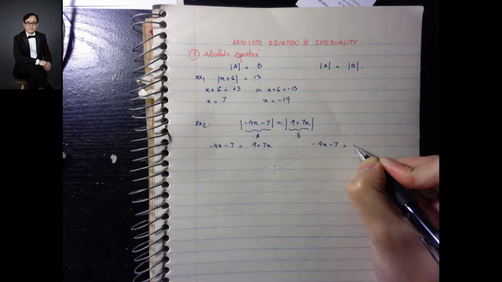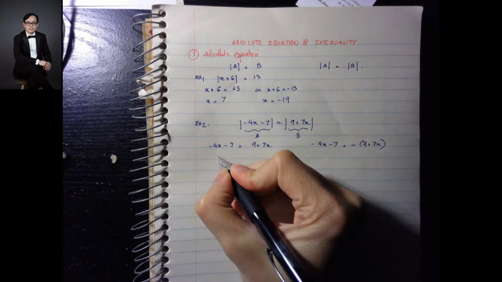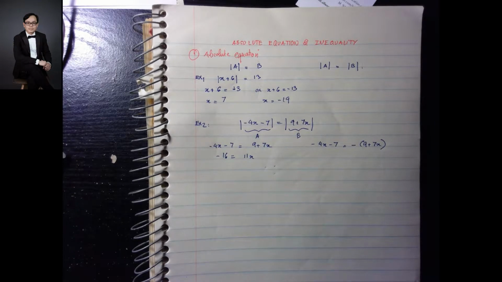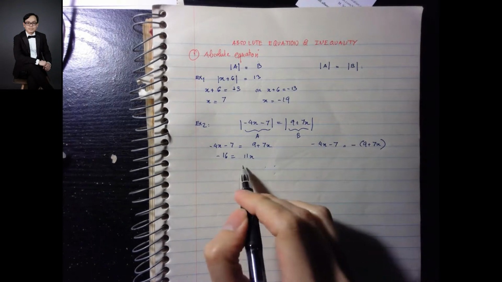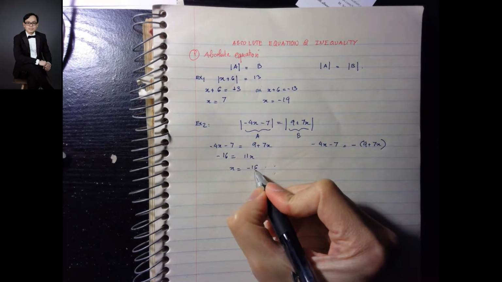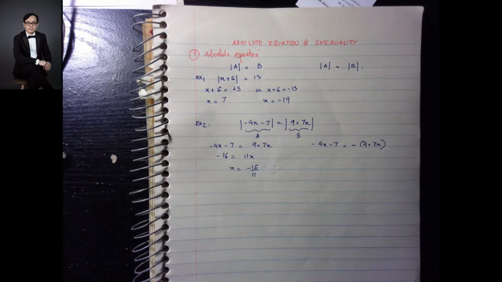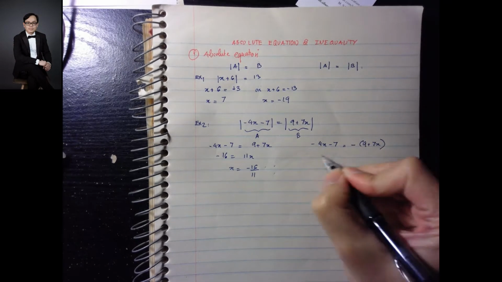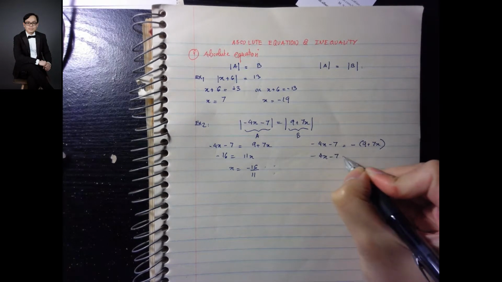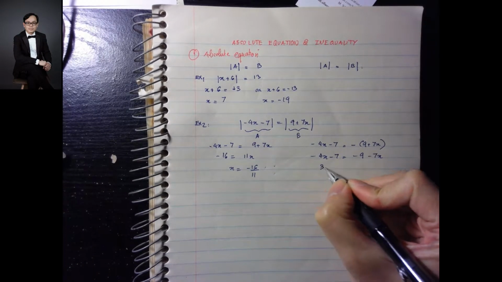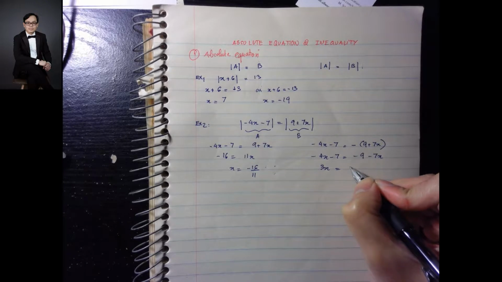Negative 16 equals 11x, right? 7x plus 4x is 11x, so x equals negative 16 over 11. And over here I distribute the minus sign in, so I have minus 9 minus 7x, which gives you 3x equals negative 2, then x equals negative 2/3.